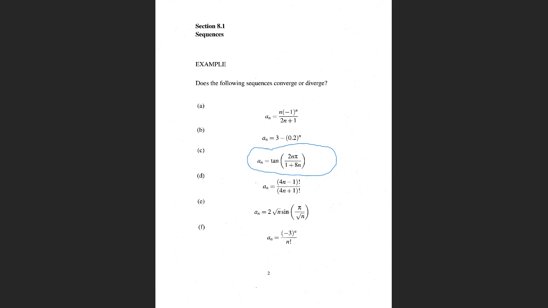If I say too much, I'd be giving it away. But let me ask you this: when n gets large, does that 1 in the denominator affect things? In other words, when n is large, is the angle affected much by that 1? No. So the answer is no. As a matter of fact, when n is large, we could almost ignore that 1 and really focus on the 2n pi over 8n.